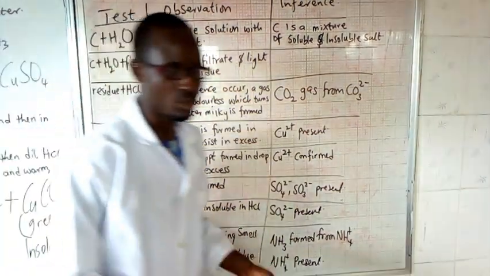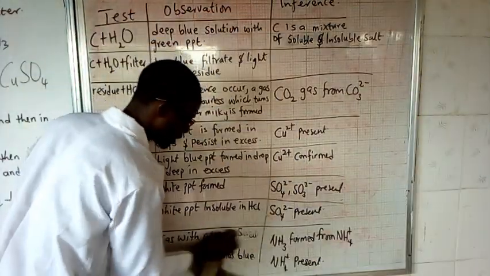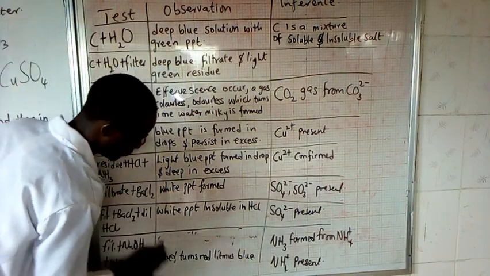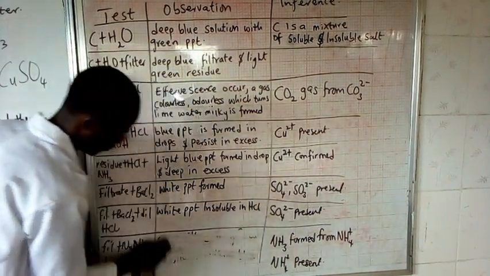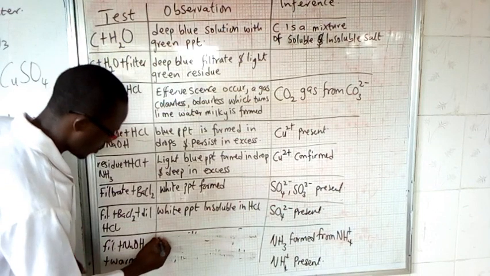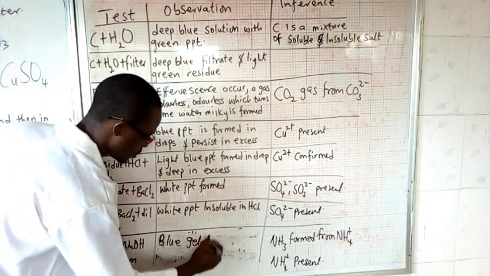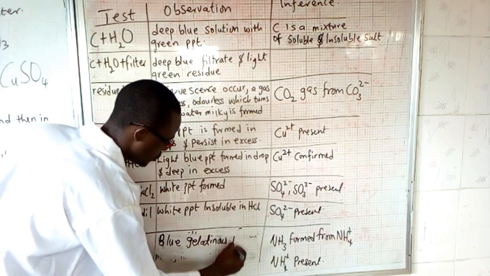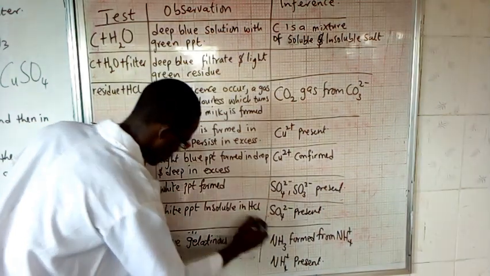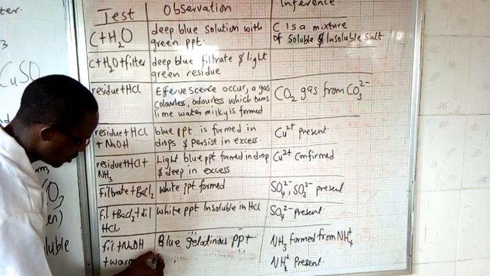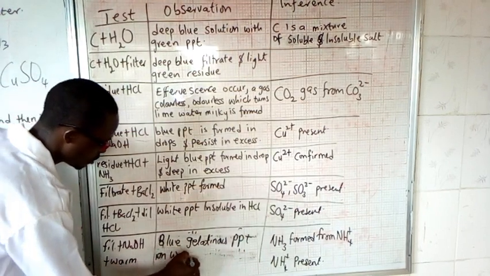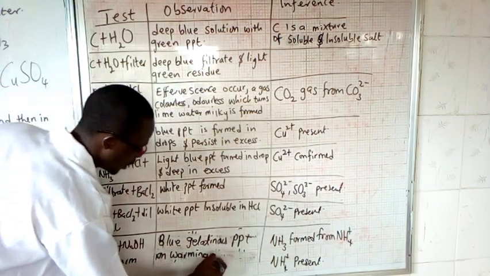So permit me to write this. We have a blue gelatinous precipitate. Then on warming, a gas is evolved.